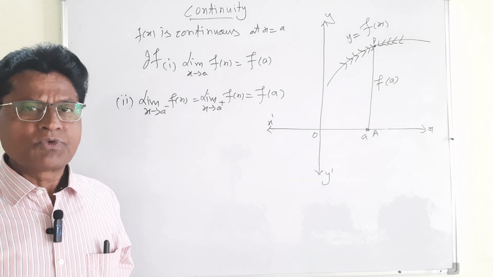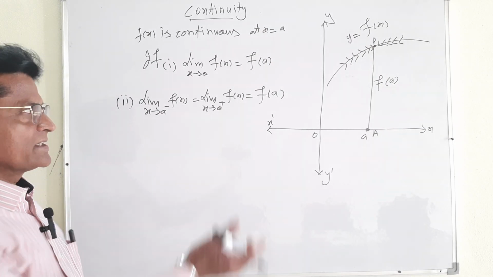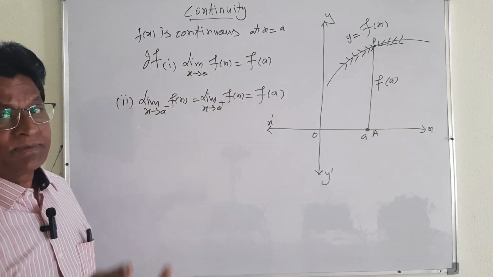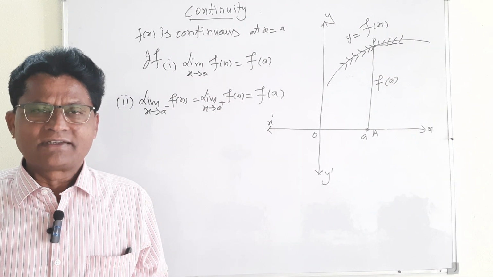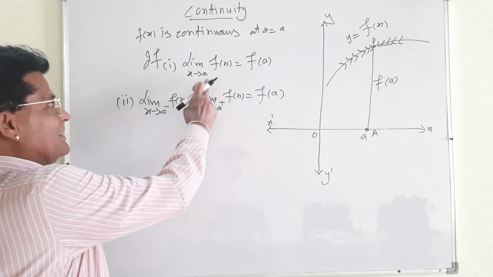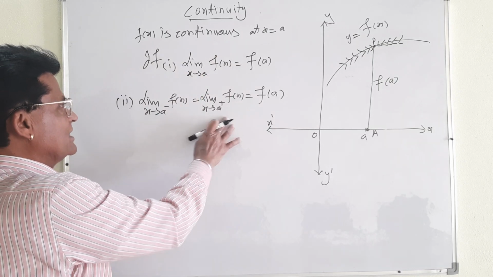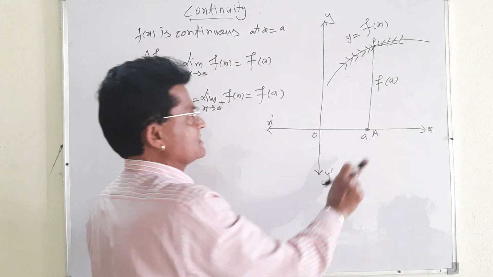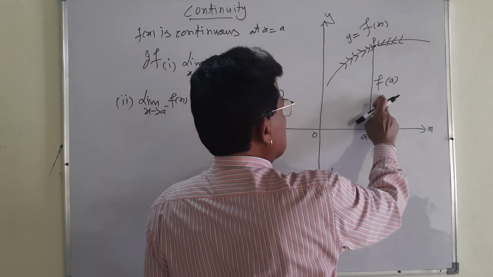Sometimes the students confuse, because the teacher sometimes uses the first formula, sometimes the second formula. What formula will we use? Both are correct. This left hand part of it, I break into two ways. Left hand limit will be equal to right hand limit, and it will be equal to f(a).